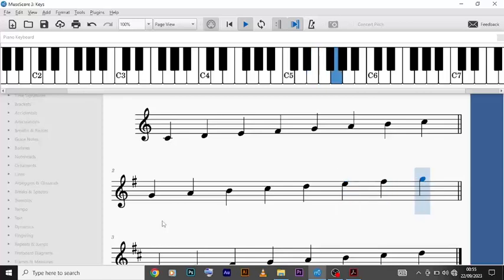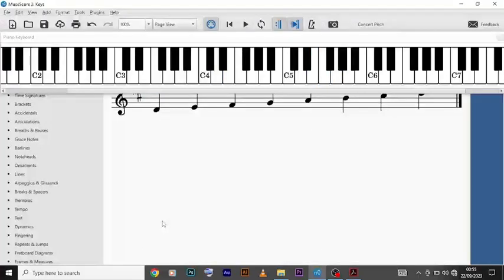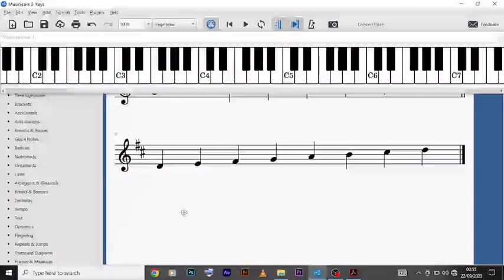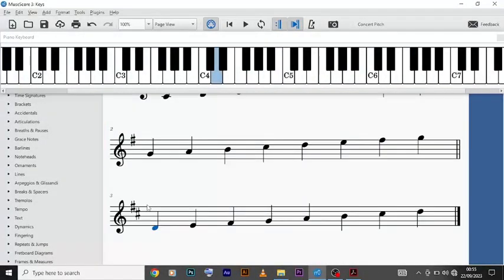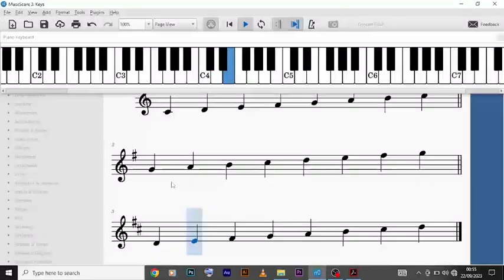You can see that you have touched one sharp. We can try another example in key D. Key D has two sharps. One sharp, second sharp.